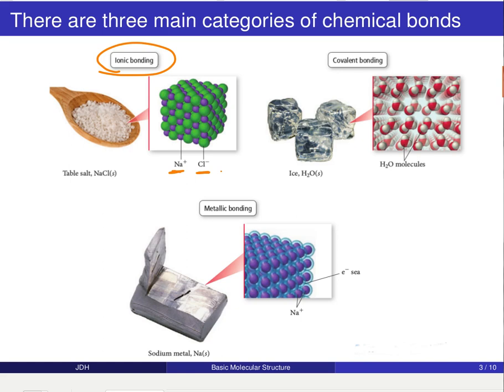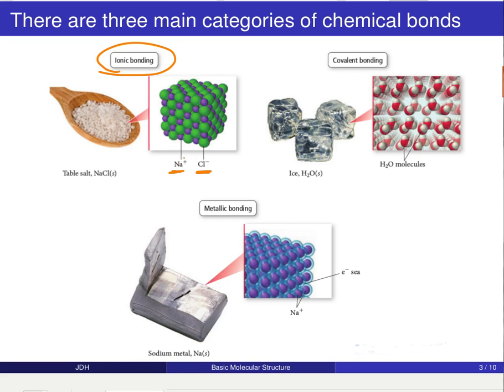The magnitude of those charges can differ, of course, depending on what metal and non-metal you're working with, but at the end of the day, that metal and a non-metal coming together is the result of simple electrostatic attraction between those positively charged cations and negatively charged anions.